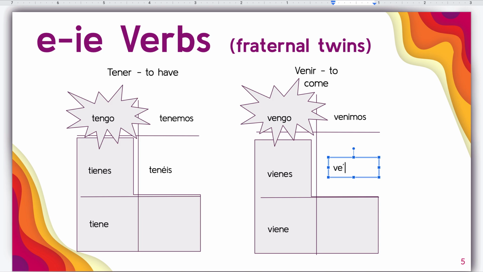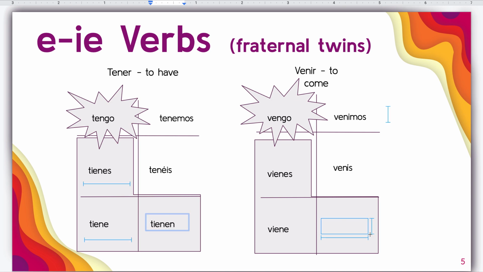And that didn't come out right. Let's try that again. Venís. Oh my goodness. Let's try it again. Venís. There we go. All right, the ustedes form of tener is tienen. So notice we went back to the IE because we are in the L. And then the ustedes of venir is vienen.